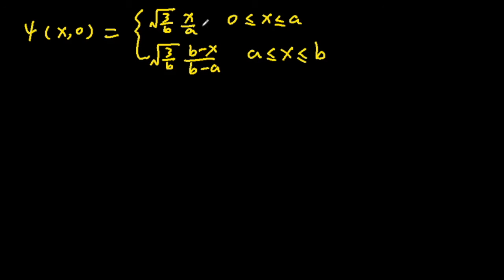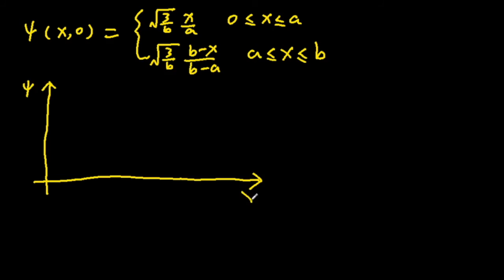This part is a straight line, and when x equals 0, psi equals 0 as well. And this part is also a straight line. When x equals b, psi equals 0. If a is here and b is here, psi may look like this.